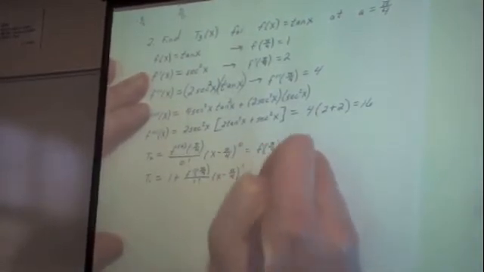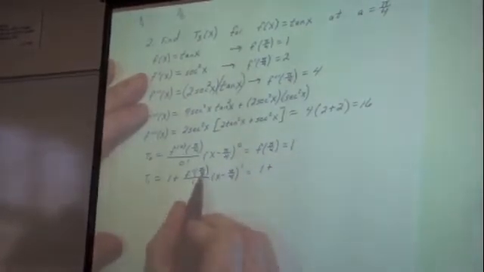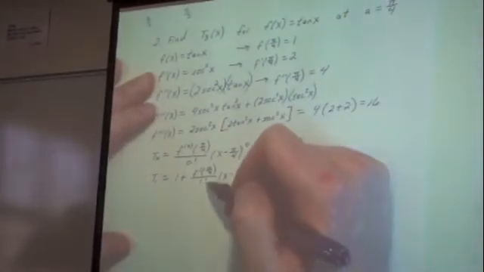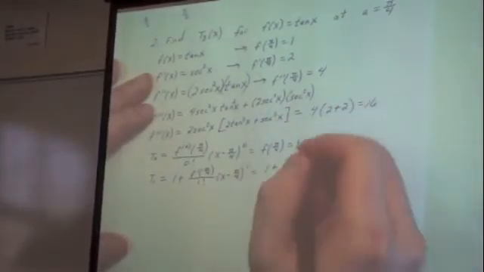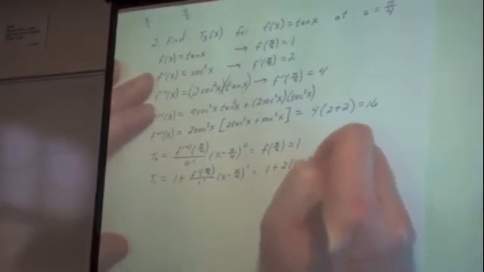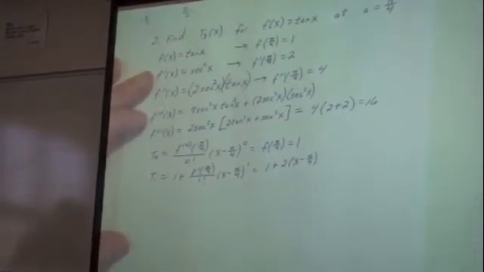So this is going to be 1 plus f prime of pi over 4. That was 2. 2 divided by 1 factorial stays 2. So I'll say plus 2 times the group x minus pi over 4. So I have my first Taylor polynomial. I need to keep on going.